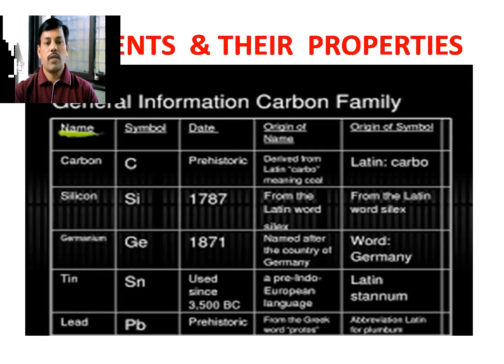Now, in this fourth group, we see carbon, silicon, germanium, tin and lead. The symbols of these elements are: carbon C, silicon Si, germanium Ge, stannum Sn and lead Pb.